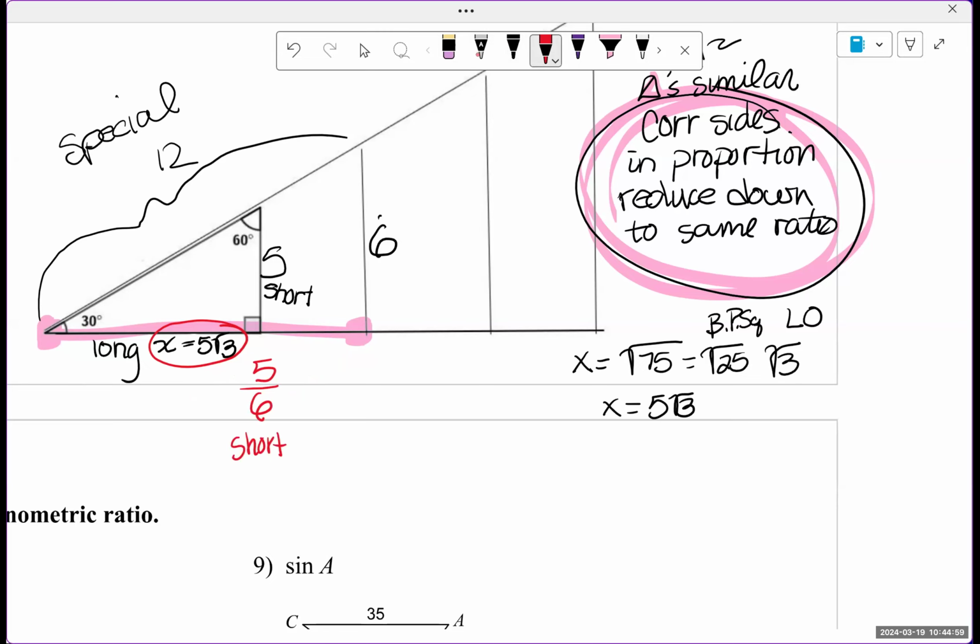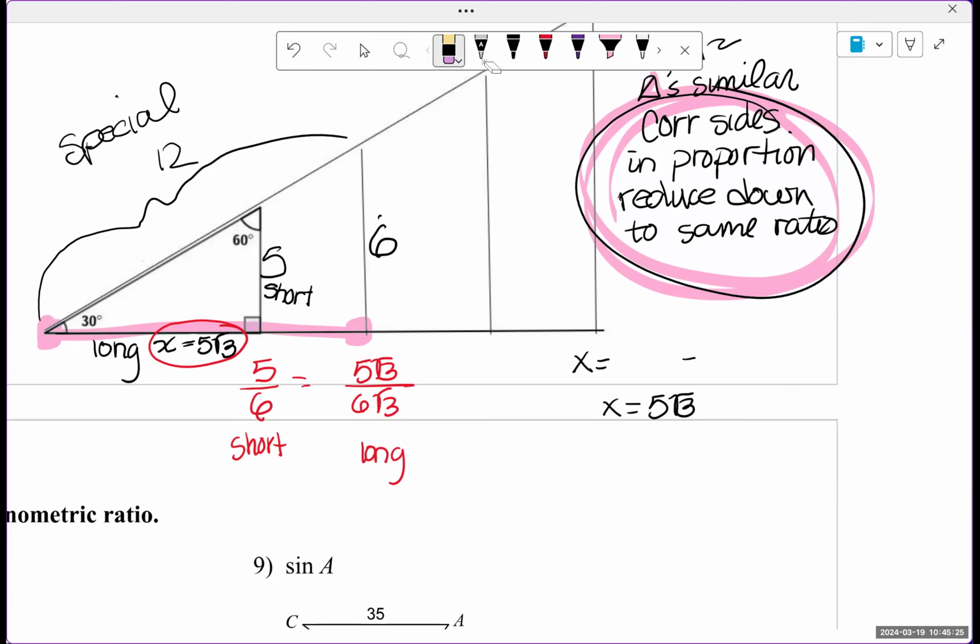Okay, the long is going to be 5 rad 3 to, anyone have a guess? 6 rad 3. You just take the short leg and you put it right there.